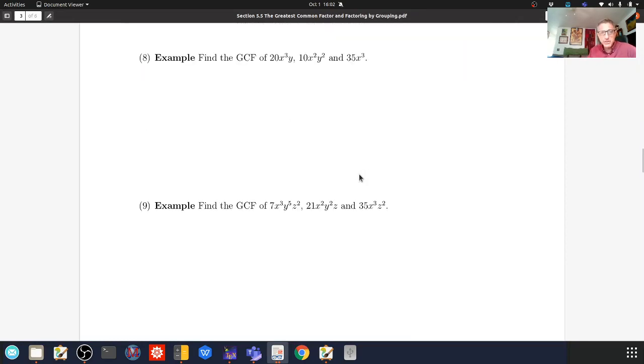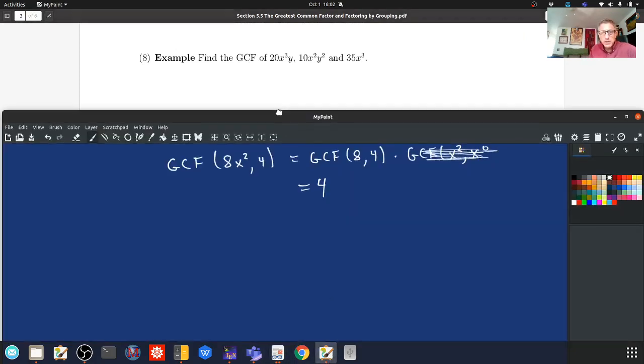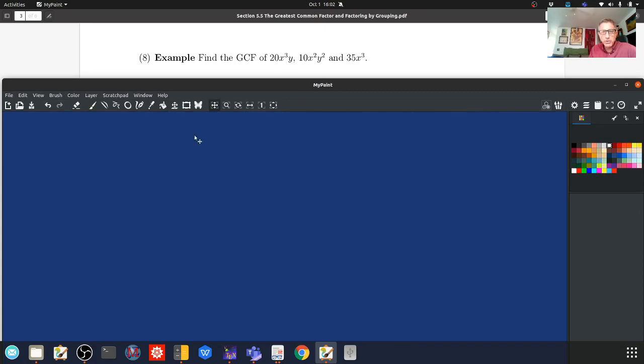Now let's find the GCF of these three terms. Again, one of the rules is, when you're looking at a variable, here's an x. If a variable is not included in every single term, I don't have to worry about it. Y is not included in every single term.